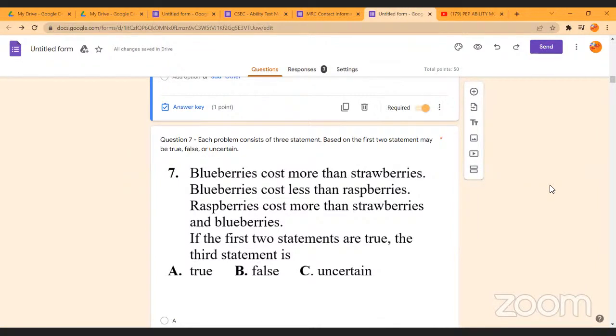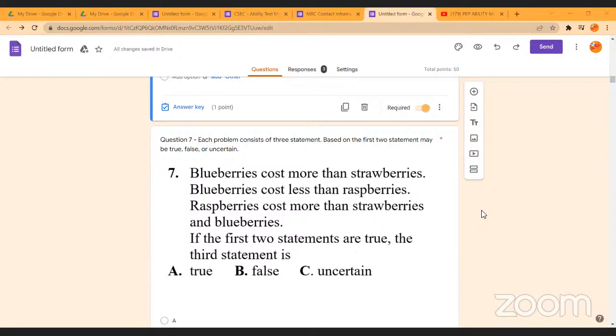Each problem consists of three statements. Based on the first two statements, the third statement may be true, false, or uncertain. Blueberries cost more than strawberries.